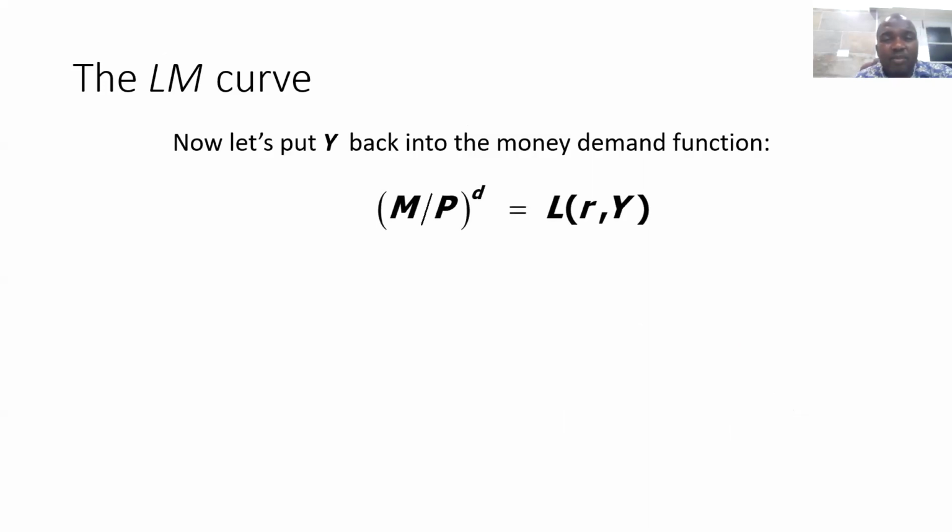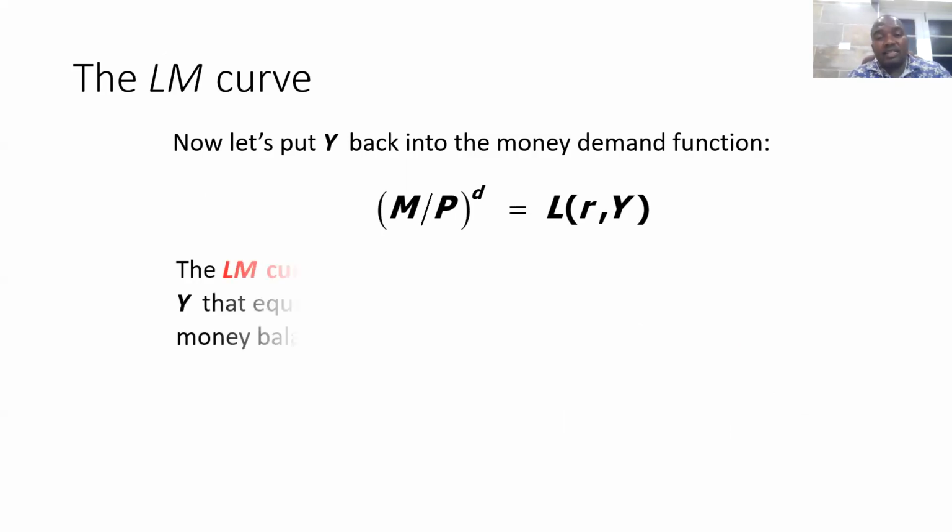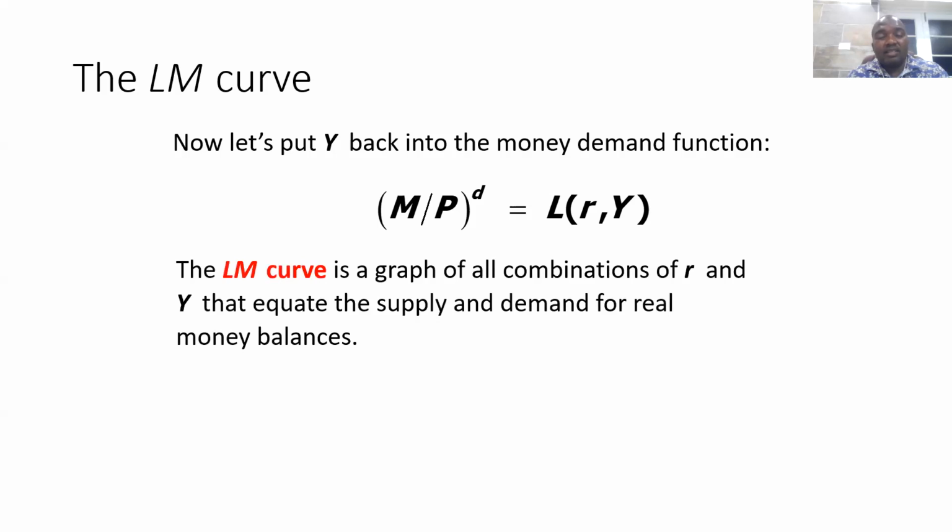If we put Y back into the money demand function, we know that whilst liquidity preference has an inverse relationship to the interest rate, it has a positive relationship with national income. We expect money demand to increase as national income increases, but the quantity of money holdings to decline as the interest rate increases.